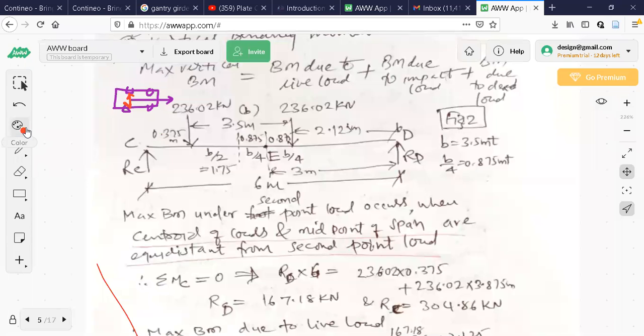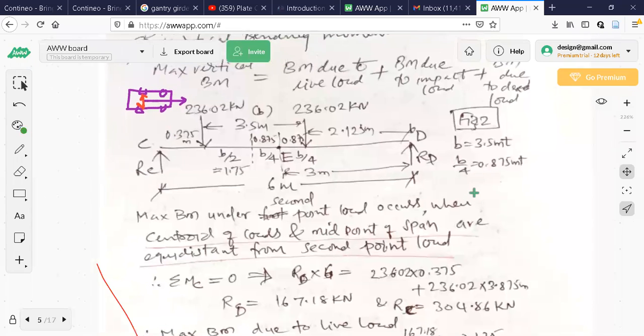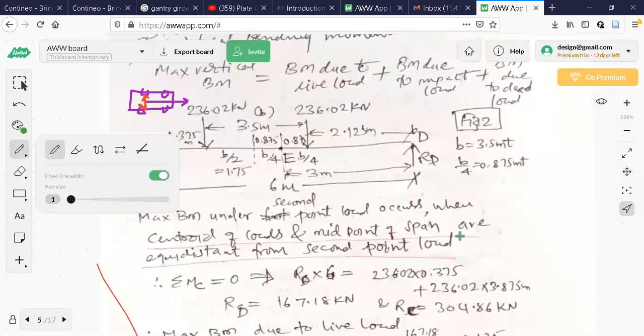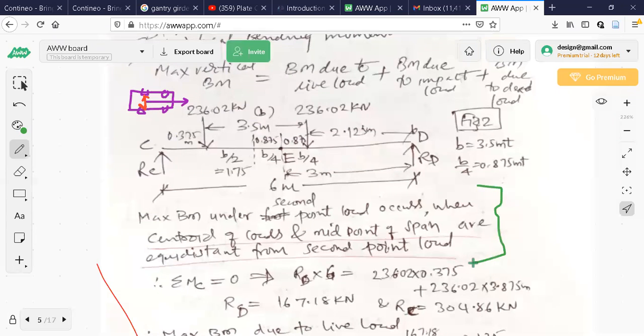So you need to read this 2-3 times. Once you may not follow it, you read this particular statement, which is taken from the influence line diagram chapter of 4th semester.